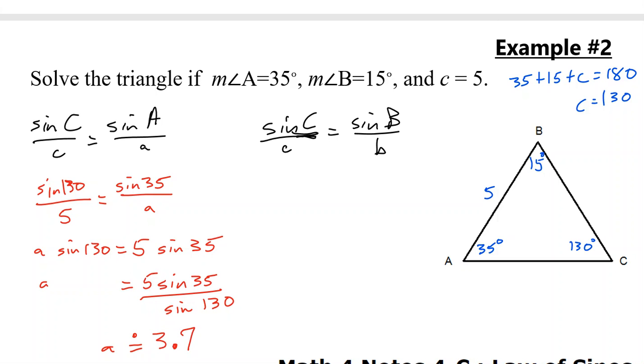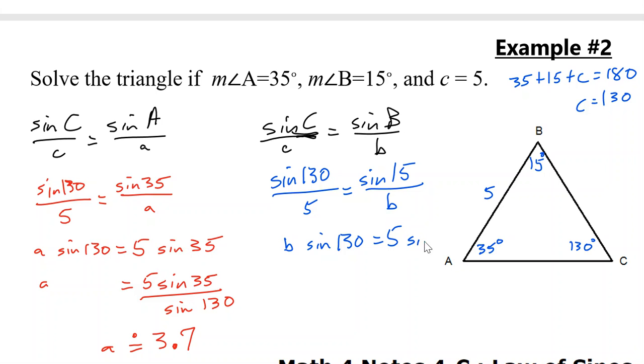So we'll switch over to figuring out what little b is. Sine of C is sine of 130 over 5. Angle B is sine of 15 over little b. When I cross multiply, I get b sine 130 going one way and 5 sine 15 going the other way. Then I want to divide both sides by the sine of 130.